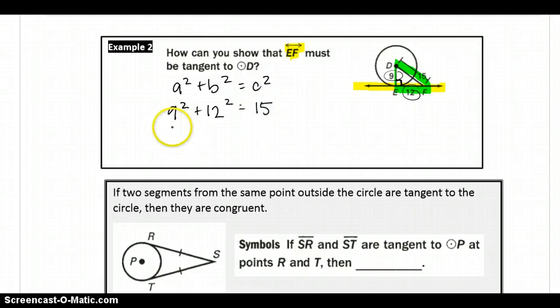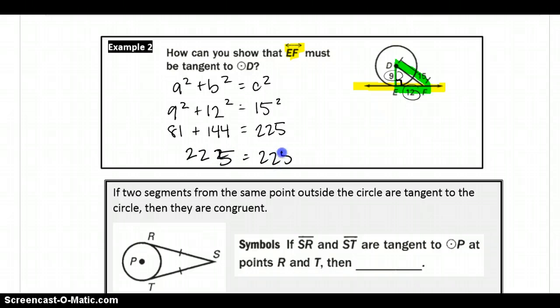Will this be true? 9 squared is 81, plus 12 squared is 144, 15 squared is 225. 81 plus 144 is in fact 225. So the Pythagorean theorem is true, thus implying that it has to be a right triangle, meaning that that angle has to be a right angle, and therefore it must be tangent.